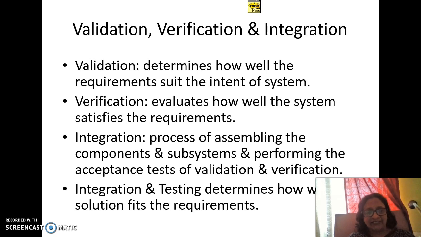And integration and testing is nothing but assembling components, subsystems, then performing acceptance tests of validation and verification. Here, testing includes module wise testing, integrated testing. Now, there are a number of tests: black box test, white box test, gray box test. All these types of tests are performed.